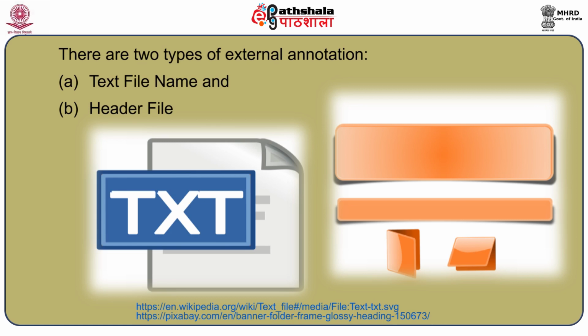Here we get broadly two types. One is a text file name, a gateway. We need to give a specific file name for a particular text, and that file name should be given in such a manner that the title itself directly directs us to the content of the text.